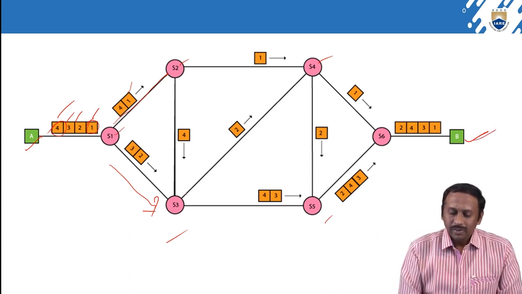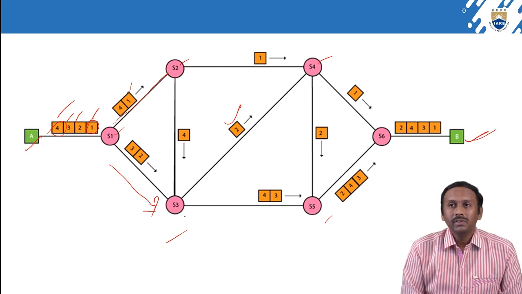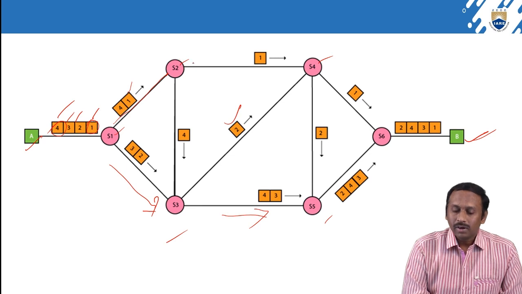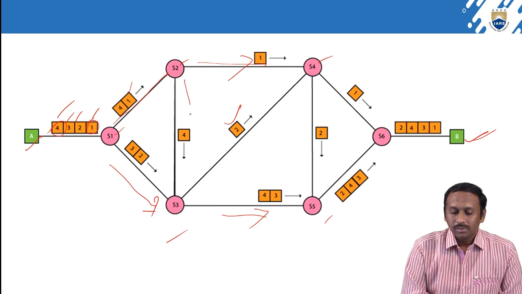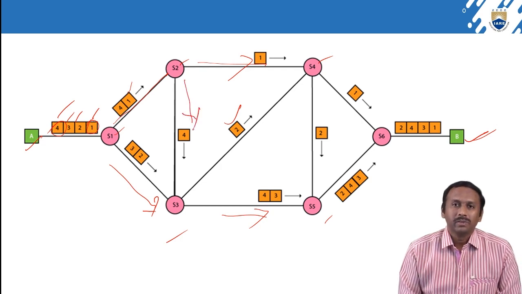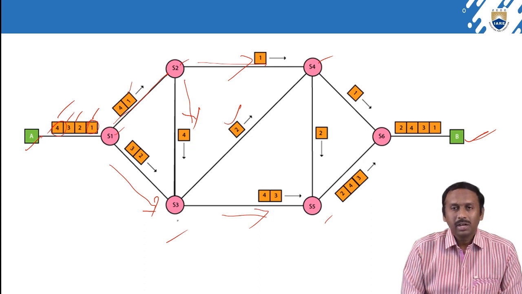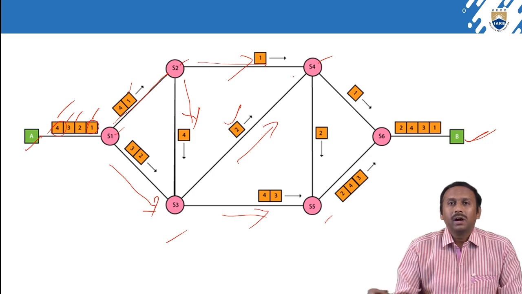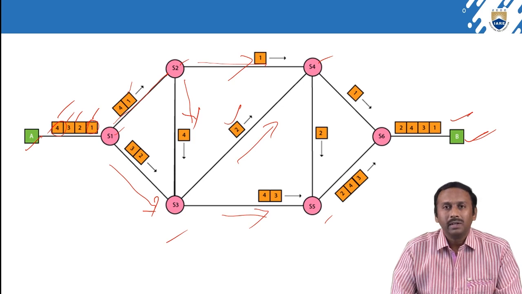From S3 again it feels that 2 is the best route, and data packet 3 feels that S5 is the best route. After reaching here, packet 1 is transferred like this, and packet 4 feels that via S3 is the easy route. Okay, S3 is the best route, and again the data packet comes like this. Like this data is transferred across multiple networks and finally reaches the destination.